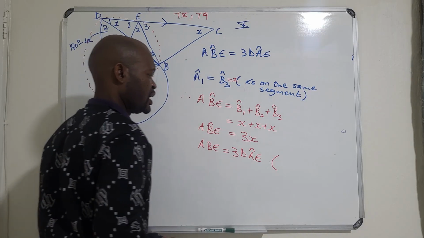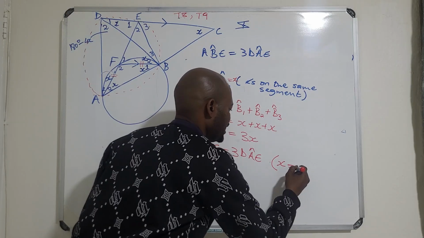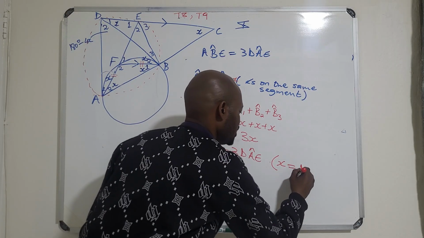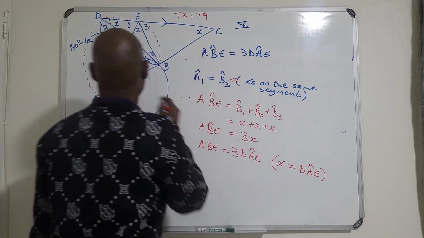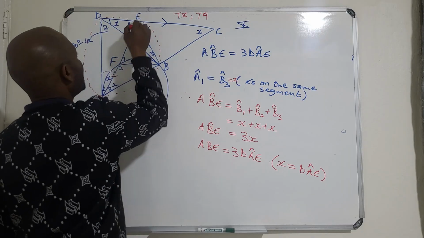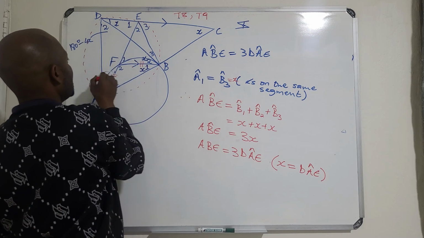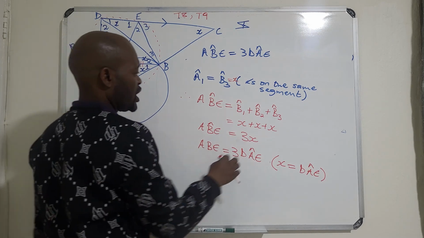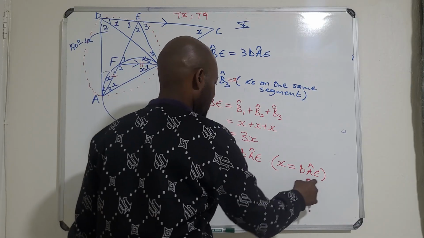What happened there? This is because x is equal to angle DAE. Where I see x, I put angle DAE.